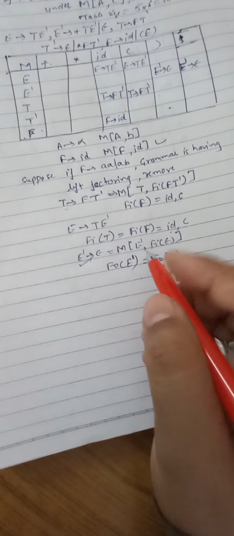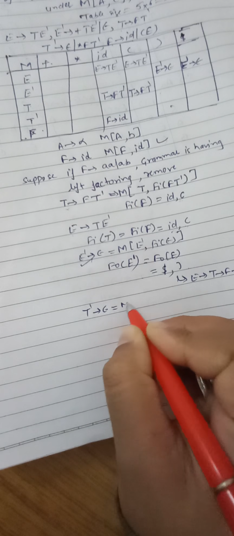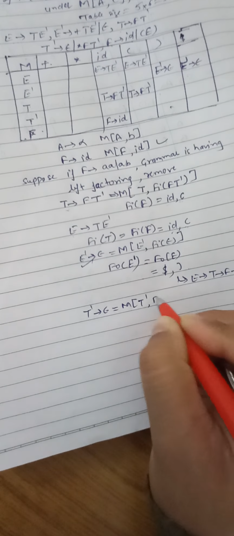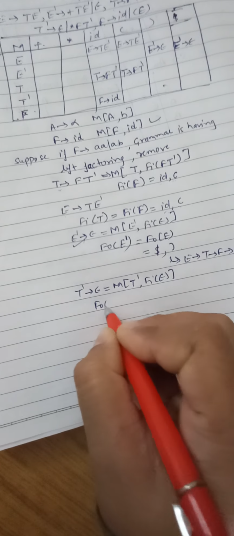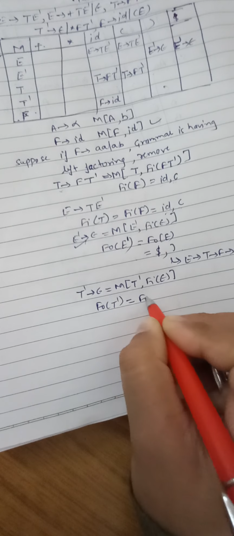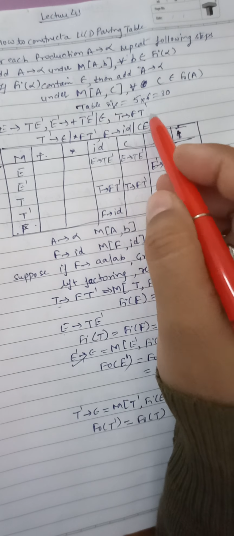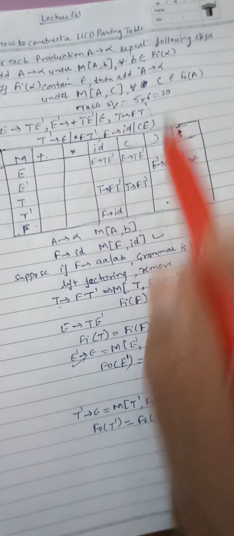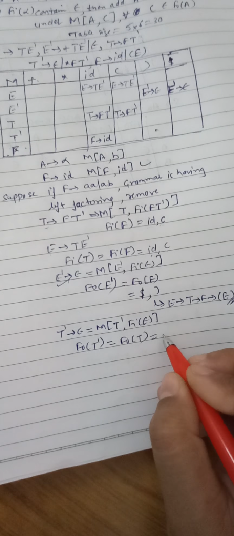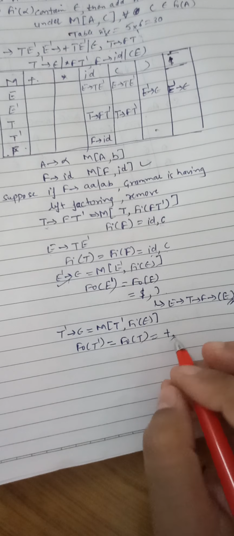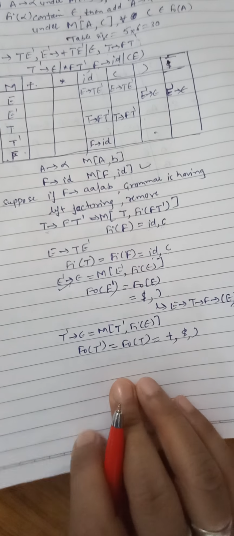Now move to the next. Again t dash tends to epsilon we have, so in a similar way we take the table entry for t dash, and because we cannot write first of epsilon, we take follow of t dash. Follow of t dash is equal to follow of t, and as we have learned earlier, the follow will be plus, dollar and closing bracket.